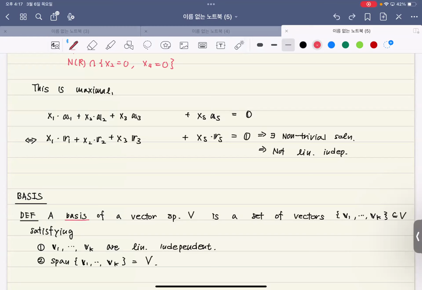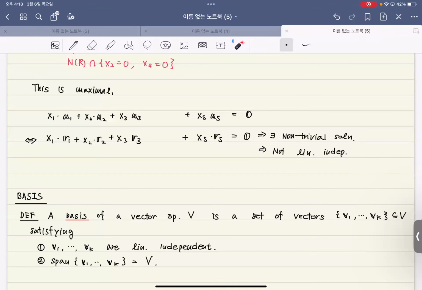You know, these two conditions are somehow opposite to each other. What do I mean by opposite? If you have too many vectors, then you are less and less likely to be linearly independent, because eventually some vectors may be linear combinations of the others, so they fail to be linearly independent. However, on the other hand, in order to span the entire vector space V, you should have many vectors.